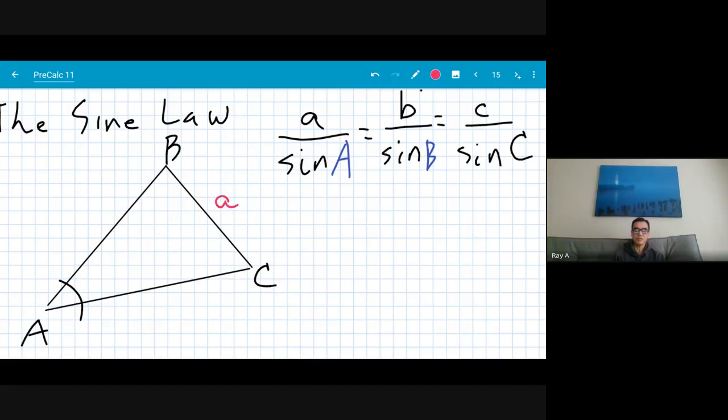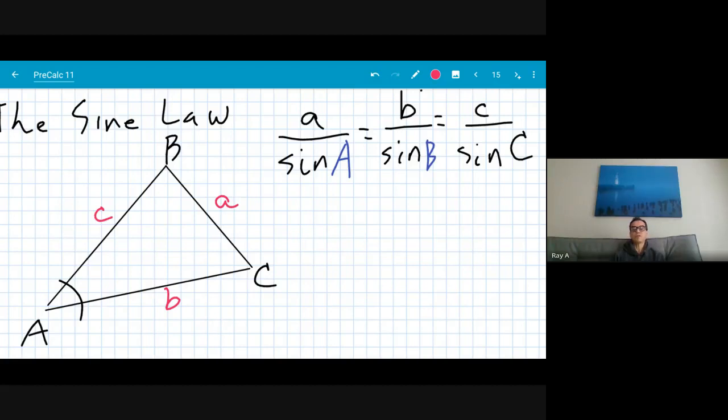Therefore, this is little a. What about little b? Angle B is over here, and opposite angle B is this one. This is little b. What about angle C? Angle C is right here. What is opposite angle C? It's this one. Therefore, little c is this one.